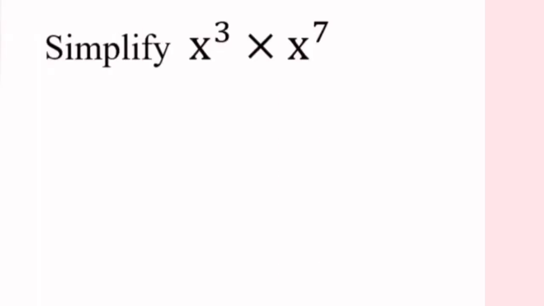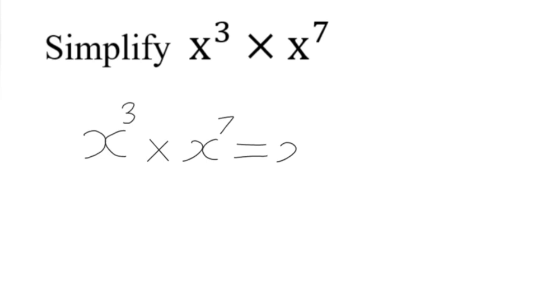Let's go through some more examples of index laws. Let's say we want to simplify x to the power of 3 times x to the power of 7. Well, that just equals x to the power of 3 plus 7, which equals x to the power of 10.